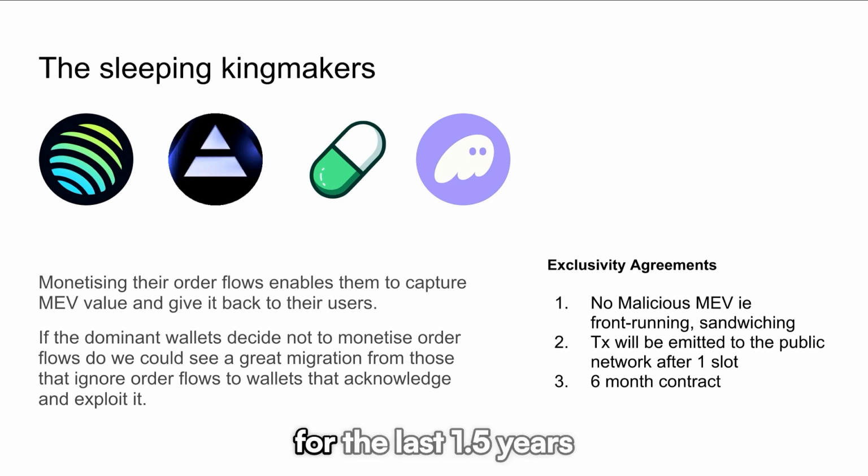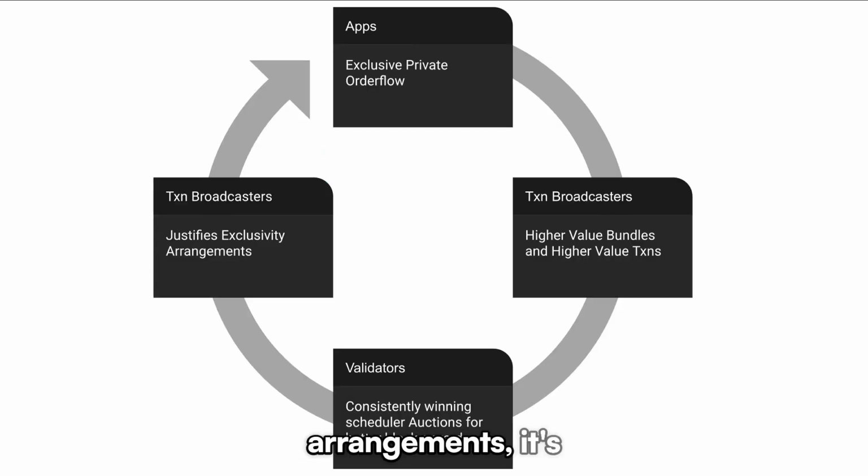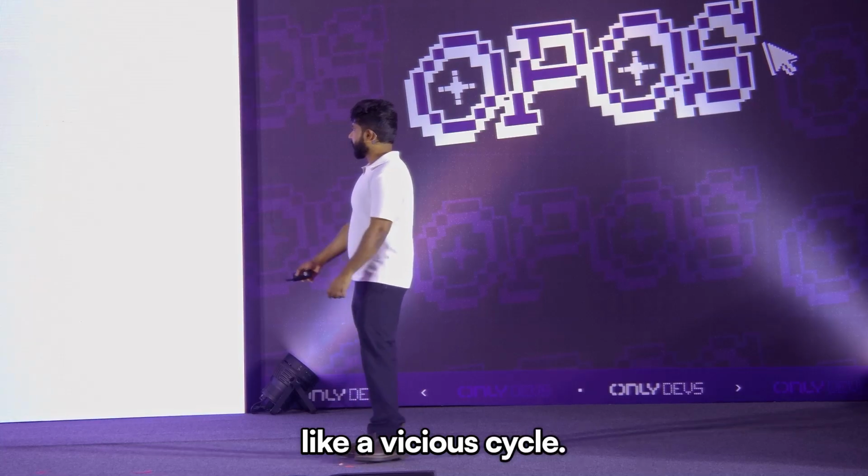This used to be, for the last 1.5 years, between the validators and the searchers directly, but now a lot of the applications are believing in the fact that if they don't control their order flow, they're going to lose out to competitors. They're quite standard deals. Sometimes it goes up to a couple of 10, 20 million per year for some of the biggest trading venues, exclusive arrangements. It's like a vicious cycle.